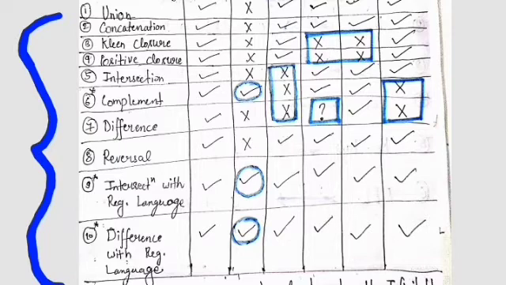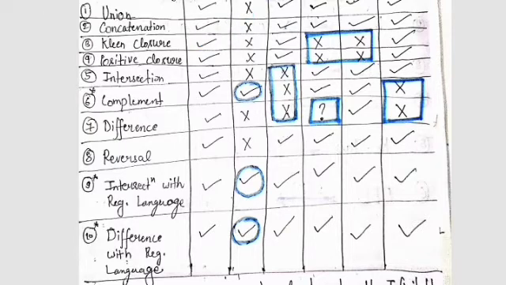So we say that regular language is closed under all types of operations. Here a check represents acceptance and closed under the property, and a cross represents not closed under that particular property.